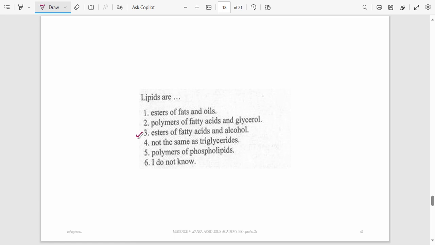Okay, Ali goes for three. Anyone else? Okay, Anastasia goes for two.